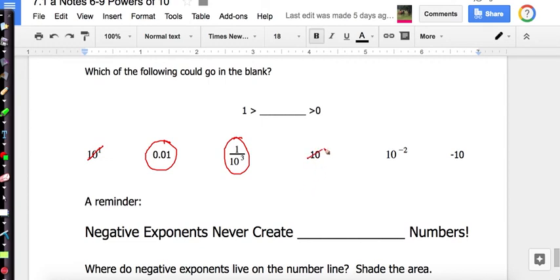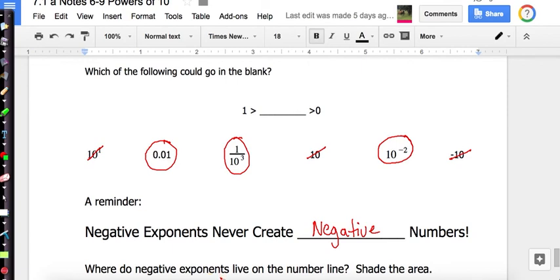Okay, 10, nope. 10 to the negative second, yes, we just said powers of 10 that have a negative exponent are always between 0 and 1, and negative 10, no. So once again, here's a reminder, negative exponents never create negative numbers. So let me say it one more time, negative exponents never create negative numbers.